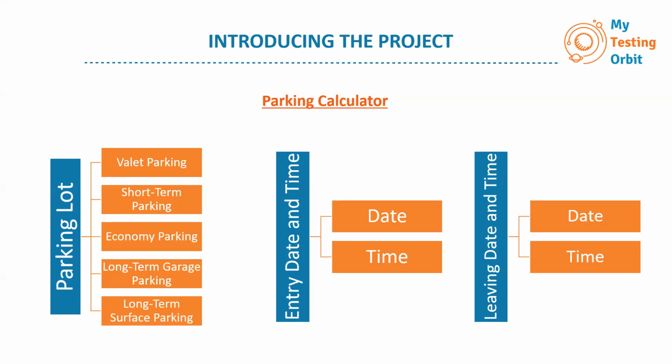Then the product owner has given us an overview idea: okay, this is the project and what we are expecting, and the requirements might evolve throughout the project. Okay, so this is the high level.